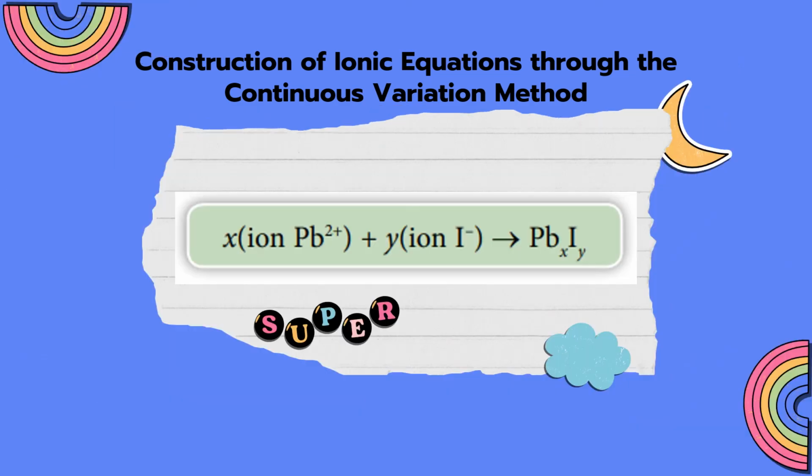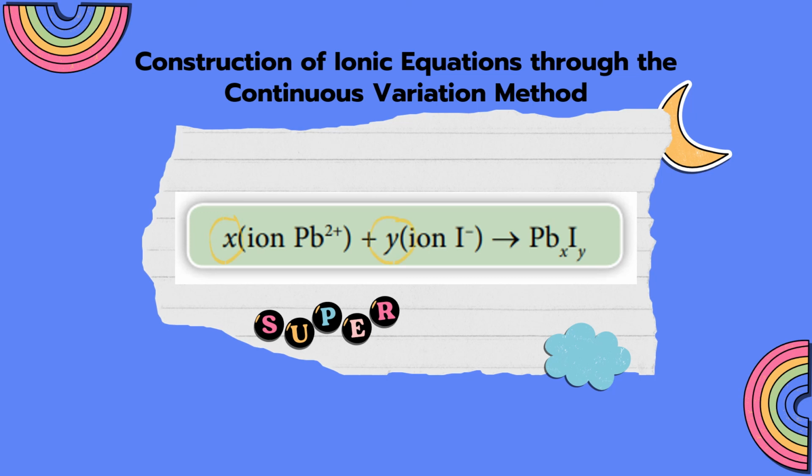For this one, this is lead(II) ion and iodide ion. After we determine the number of moles, we find the ratio of these two ions, and you get the values of x and y.